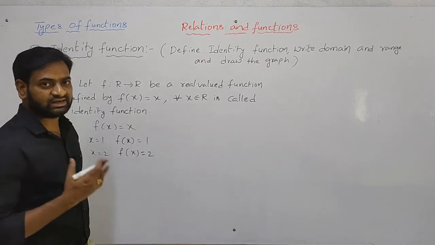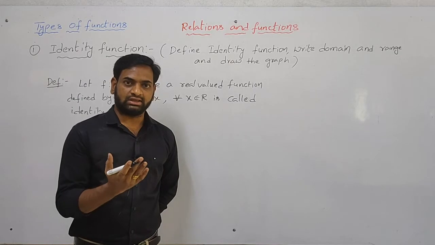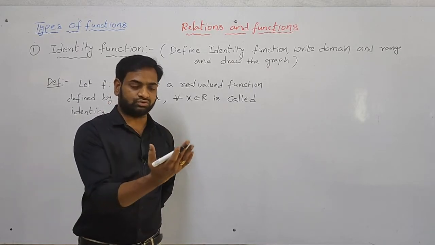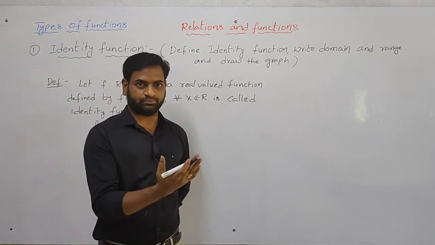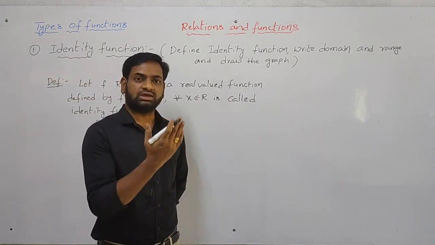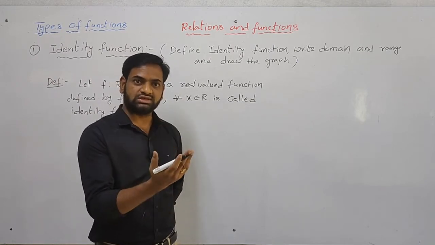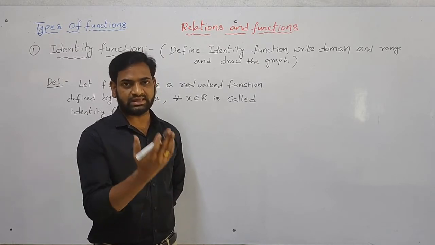That means this identity function is like a mirror. In the mirror, if you see your face, it shows your face only. Suppose your friend sees in the mirror, it shows your friend's face only.